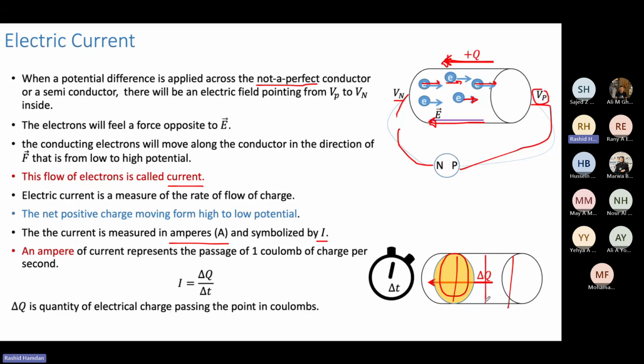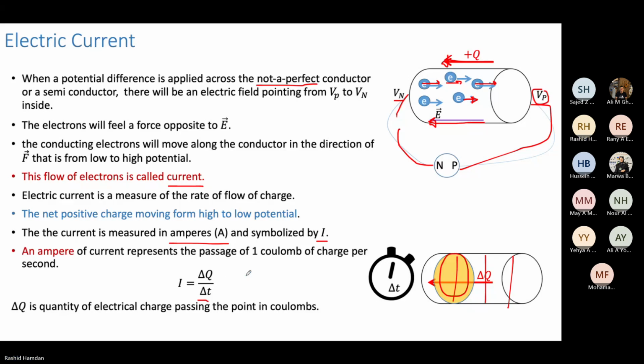So there is no accumulation of charge. It's just a flow. The charge disappears from one place and comes back from another. In this formula, dq is measured in coulombs and dt in seconds, so an ampere is 1 coulomb per second.